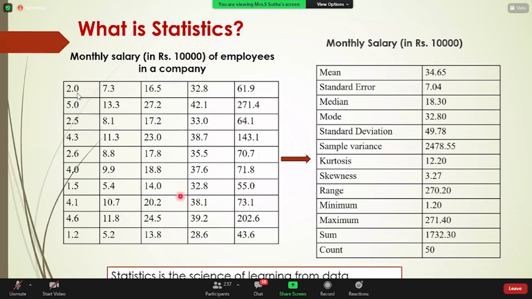Now here we are applying statistics to describe the monthly salary of employees. First, we use the measure mean, or the characteristic mean. That is 34.65. So what does this 34.65 mean?